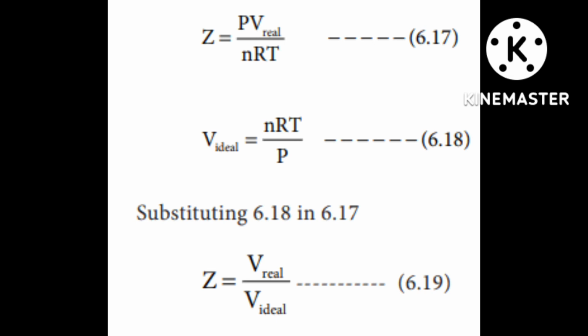On putting this value, the P and nRT cancel out, and you get Z is equal to V real divided by V ideal.